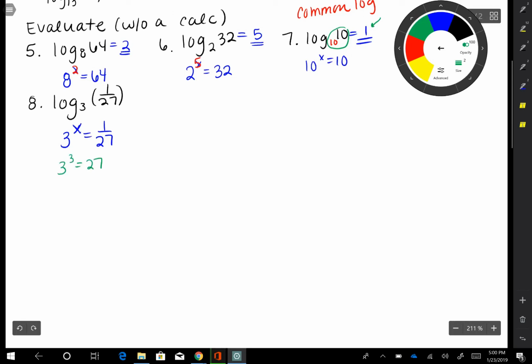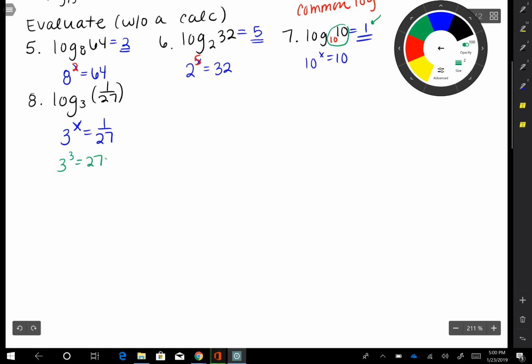But if I want to do the reciprocal of 27, I would have to make that a negative 3 for that exponent. So if I wanted to flip that around, I would have to make that negative. So this would have to equal negative 3. So this is 3 to the negative 3rd.